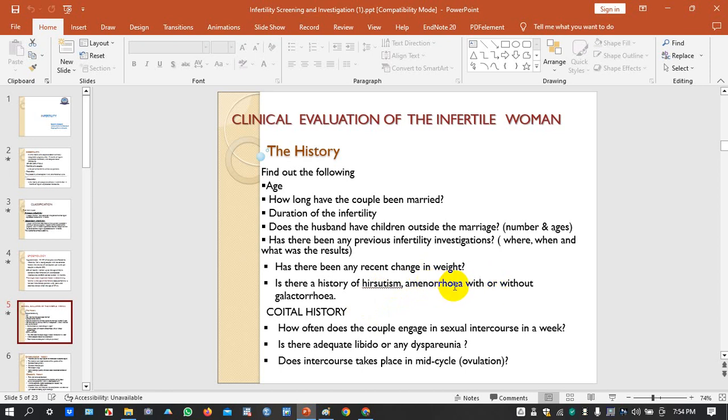So is the absence of menstruation in a woman who is infertile associated with breast milk coming out of the nipples? That is galactorrhea. Galactorrhea can be a result of tumors of the pituitary gland, and this may be associated with vision disorder or irregular menses.